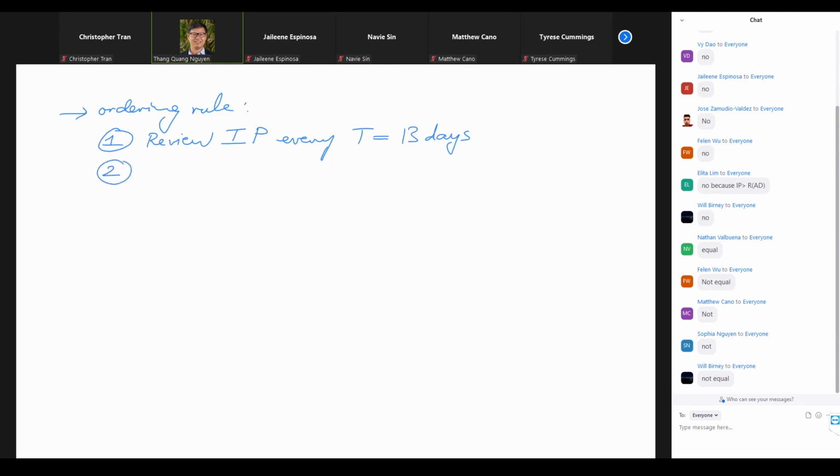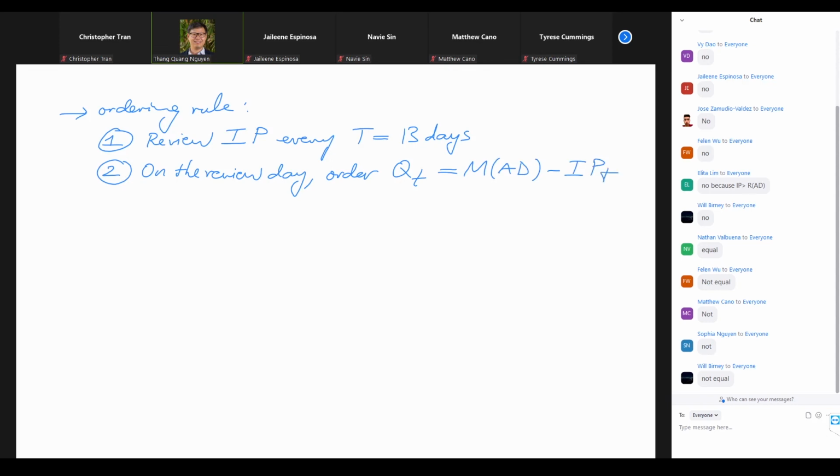Step number two is, on the review day, we need to order a time-dependent quantity. It's not a fixed quantity. That's why we call that QT. The quantity depends on the time. Equals the maximum level minus the remaining stock, right?